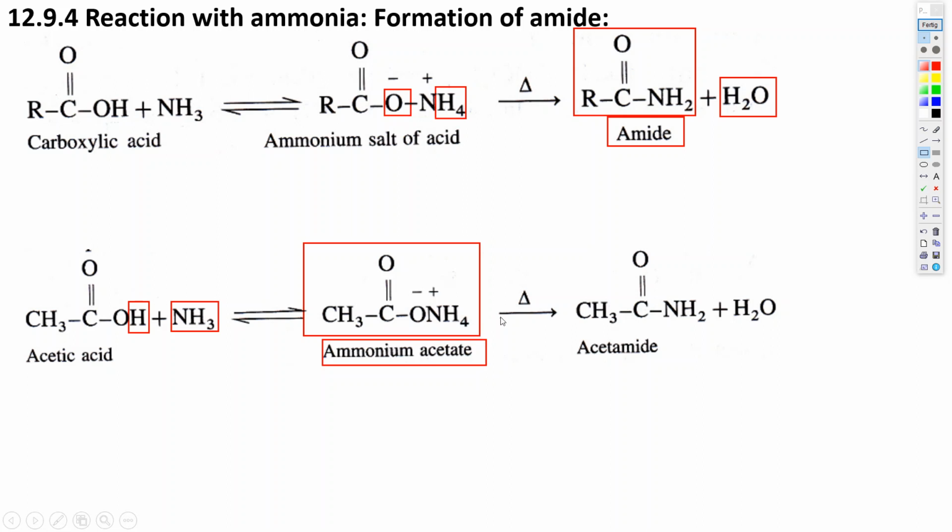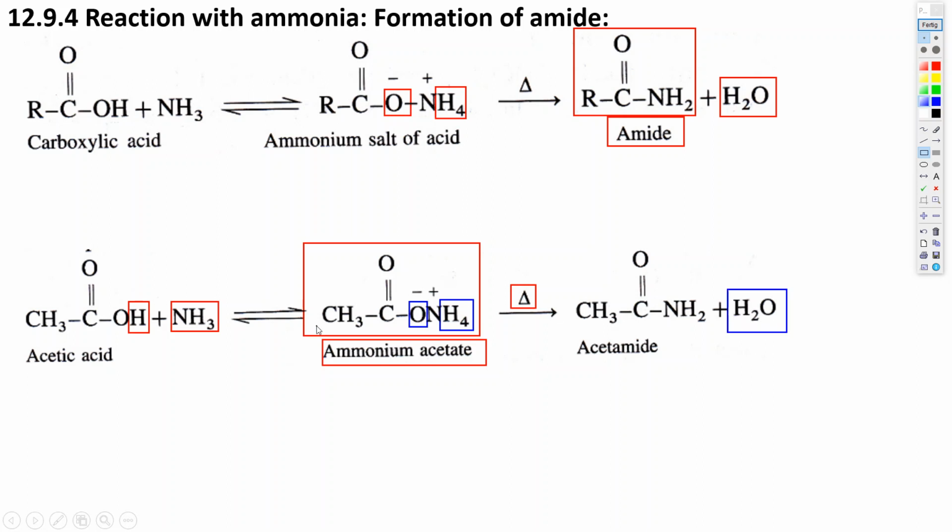So this ammonium acetate, on heat treatment, will evaporate the water molecule. So the water molecule gets evaporated, that is, out of these 4 hydrogen atoms, 2 hydrogen atoms and 1 oxygen atom will form the minor product H2O.